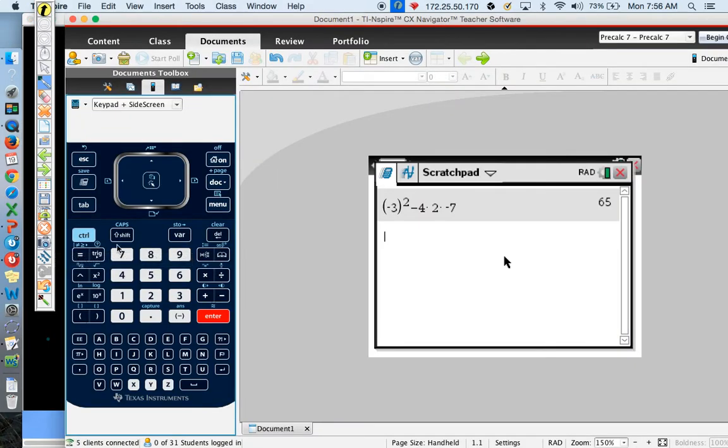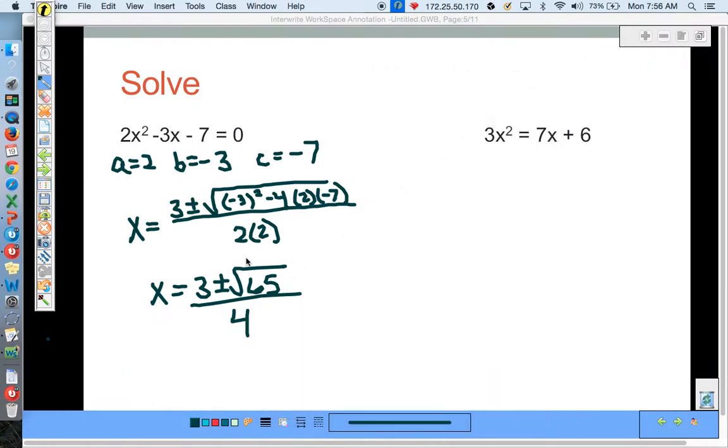And on this calculator, if we were to type that in, you can't put plus or minus, so the square root of negative 3 squared minus 4 times 2 times negative 7, all over 2 times 2. And it gives you that as a decimal. So if you wanted the exact answer, it would be here.